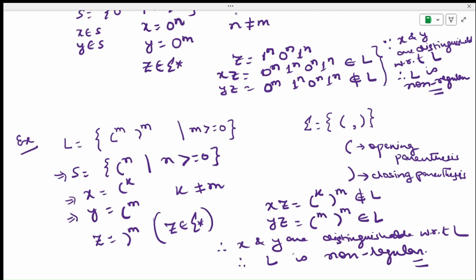If one string xz is in L but yz is not in L, then we say that x and y are distinguishable with respect to L. If both xz and yz are in L or both xz and yz are not in L, we say that these two strings are indistinguishable with respect to L. In that case, we cannot prove that L is non-regular. We'll say that the language L is regular.